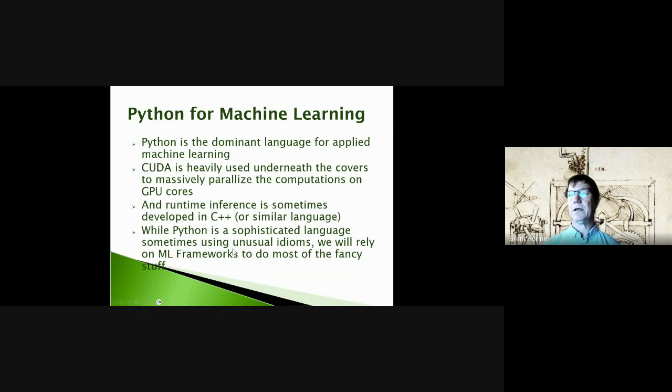But there are some apps written right in C++. Some are even written in a hardware definition language like Verilog, VHDL, or maybe SystemC, and you're running these machine learning algorithms on FPGAs. That's certainly possible and definitely done. But most practitioners are working in Python at some level.